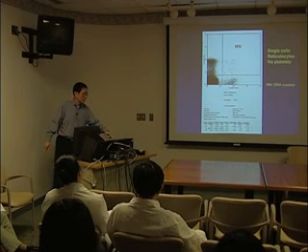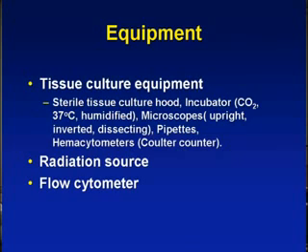So this is essentially the method of measuring the micronuclei from red blood cells. So if you decide to get into this kind of research, we always list what kind of equipment and reagents you need. Equipment, first you have to have a good tissue culture laboratory.